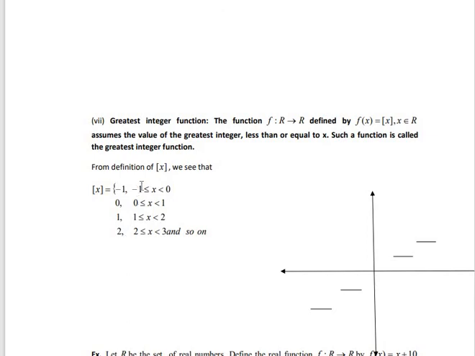If you have noticed, the lower limit is the value of box x. For example, the lower limit is 0, and that is why the value of box x is 0.